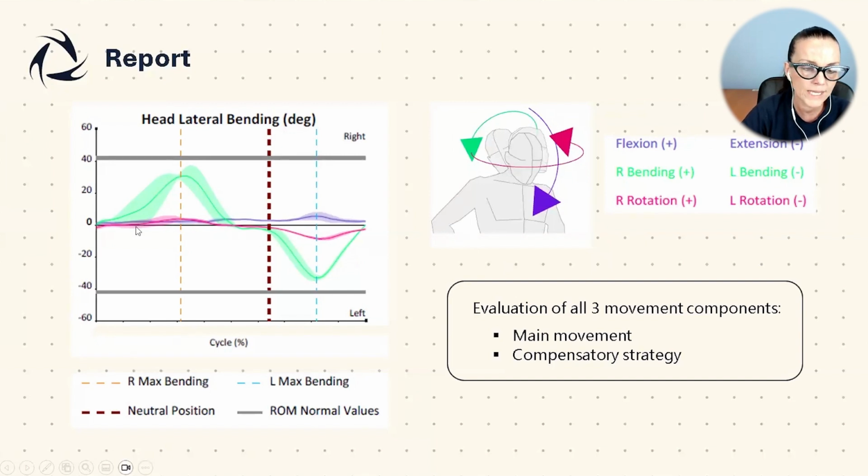From the graph, we can deduce that this patient, while she is bending laterally on the right side, is also rotating the head a little on the right. The same behavior is shown during the left bending, with a higher left rotation as compensatory strategy.